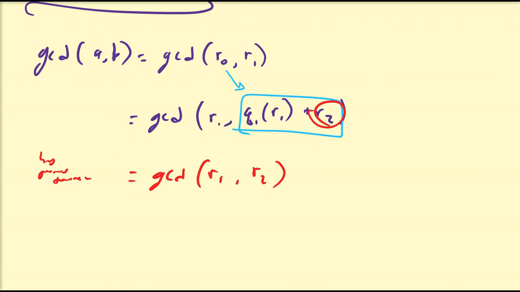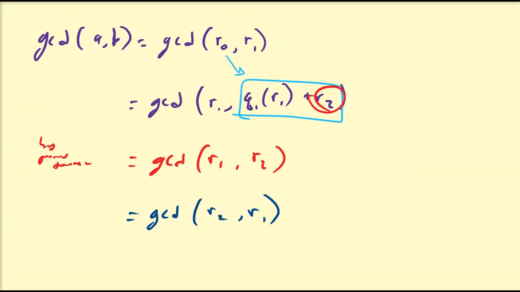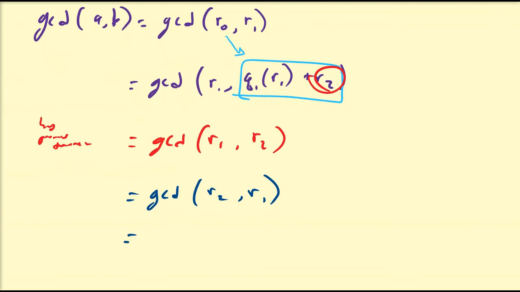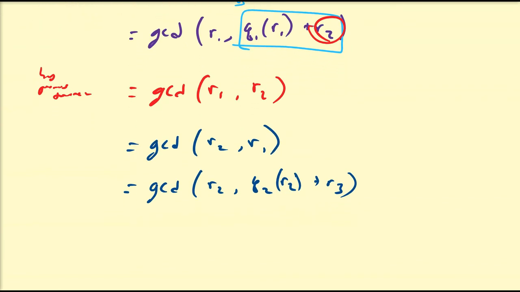All right, so then we're going to reverse. So then we're going to have the greatest common divisor of R2 and R1. And R1 is going to be Q2 R2 plus R3, right? And by that theorem again, this is going to be equal to the greatest common divisor of R2 and R3, right?